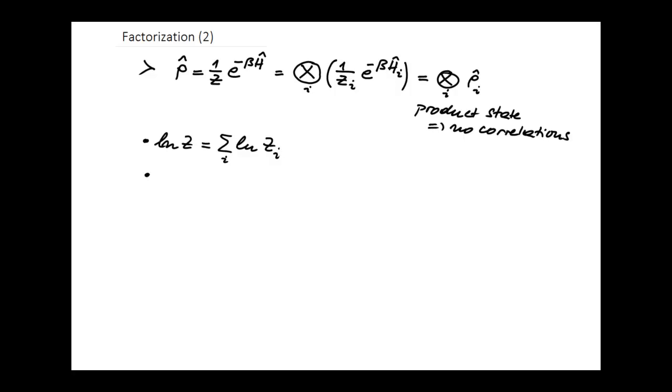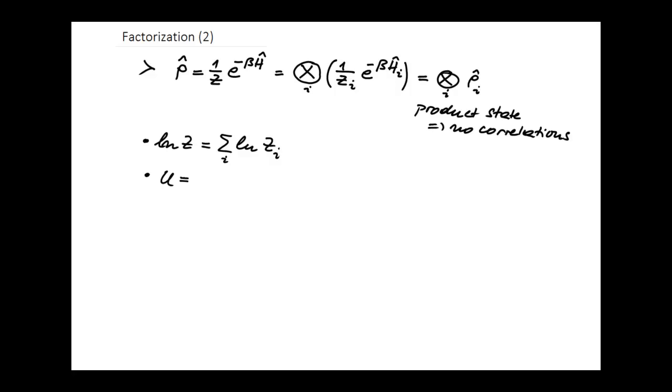Next, let us look at the total energy. How do we obtain the total energy from the log of the partition function? Think of the Guggenheim square. The log of the partition function has as its natural variable the inverse temperature beta.